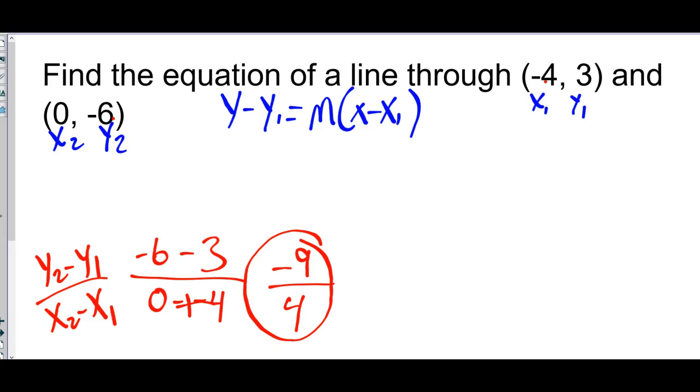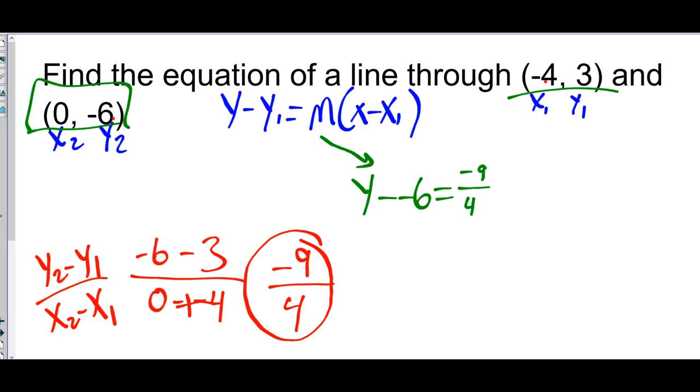So now I'm going to go back to, switch to green, this formula over here, and say y minus, I need 1 point to choose from. It could be either one. That one's got 2 numbers. One's negative. That one has a 0 and one's negative. I'll go with the 0 because that's easy to work with. y minus negative 6 equals m, which is negative 9/4, times x minus 0.